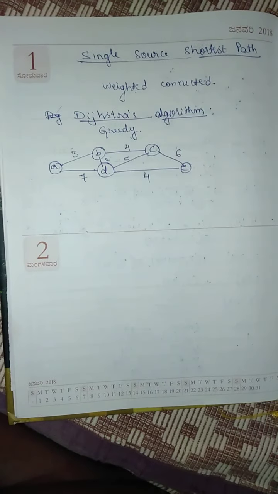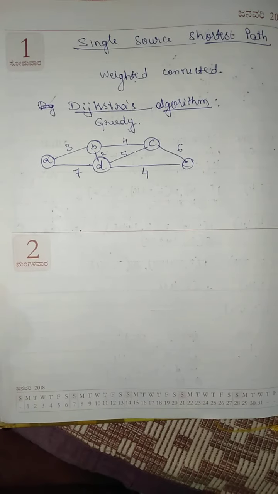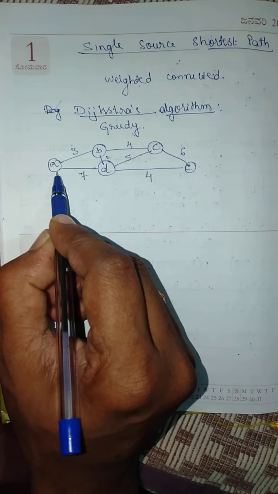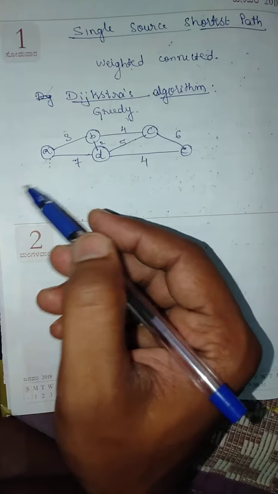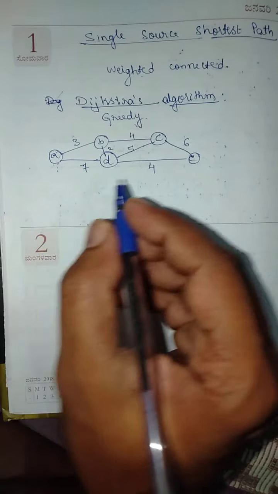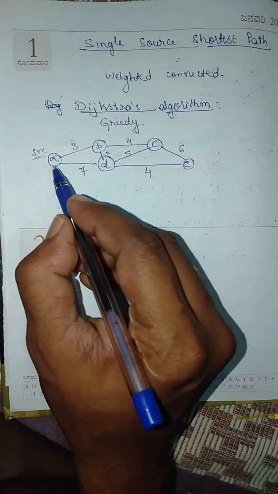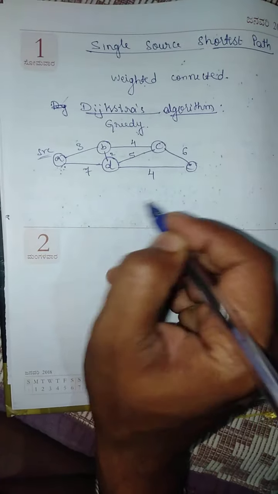So this is the given graph and these are the weights. Now assume a source vertex to be A. If no source vertex is given, you can assume any source vertex. So the source vertex is A, and from A you have to find the shortest paths to all the other vertices.